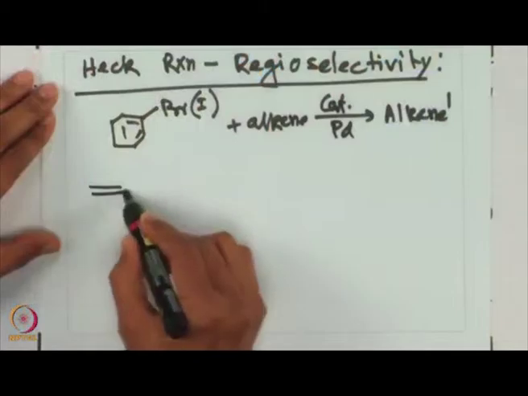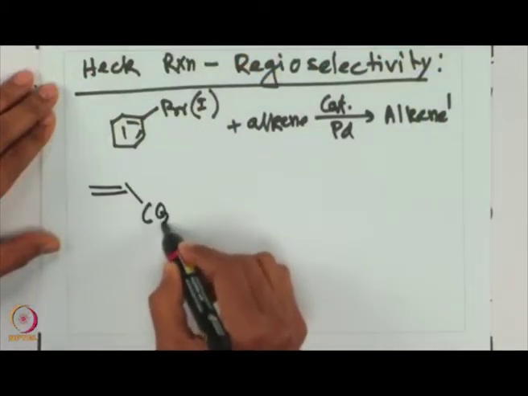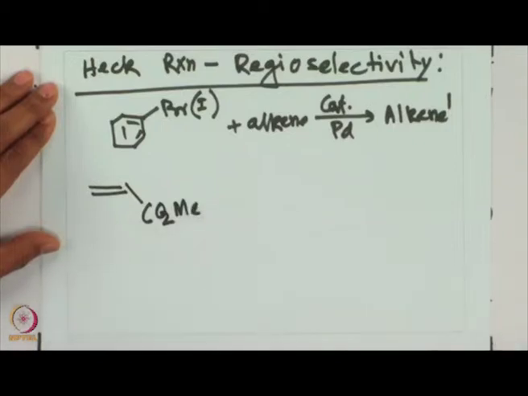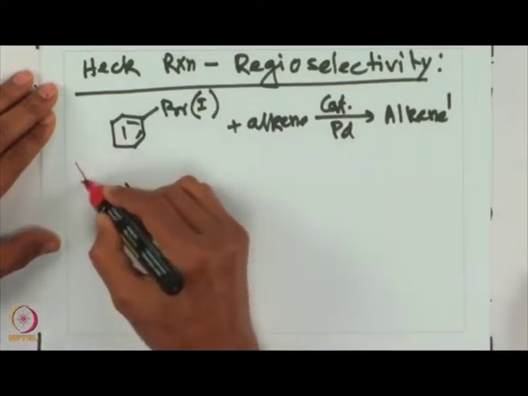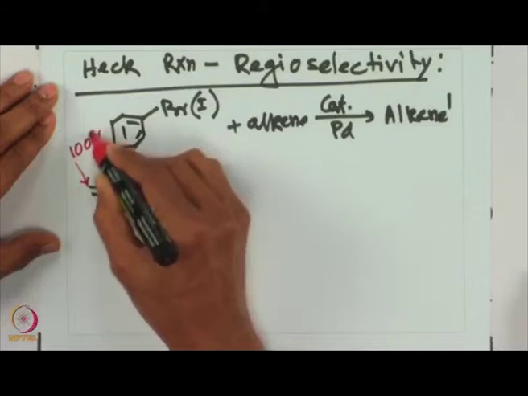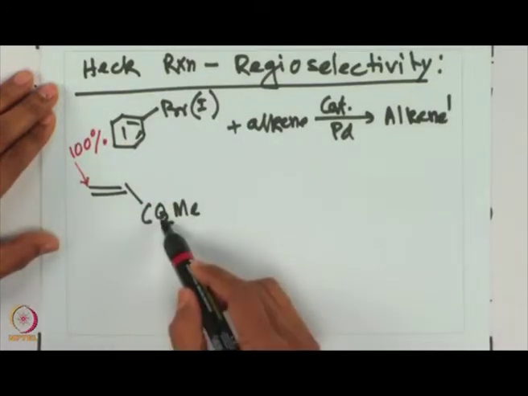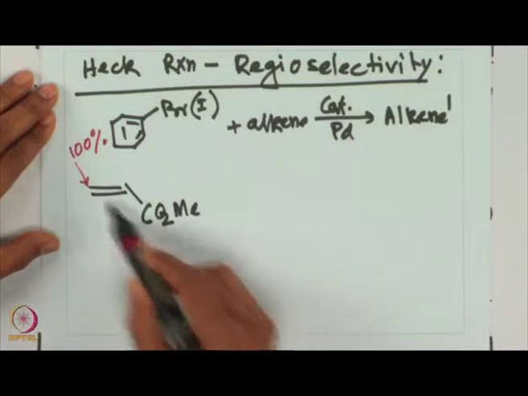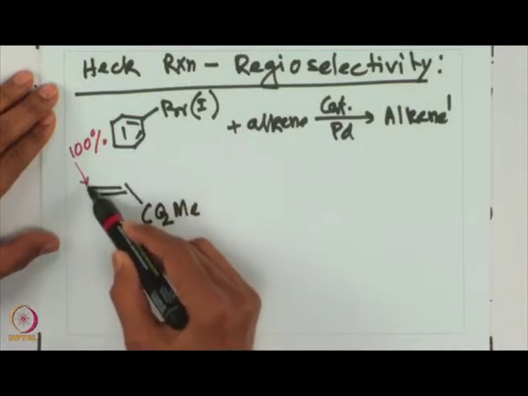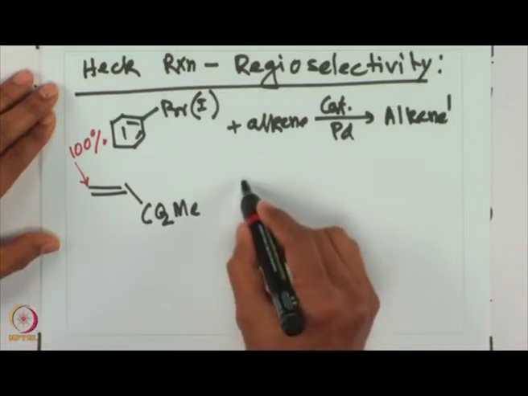So, if you take methyl acrylate, we do get 100% selectivity at this carbon, and that is good. That means that with an electron withdrawing group, at the terminal position at the end, we have 100% selectivity at this place.